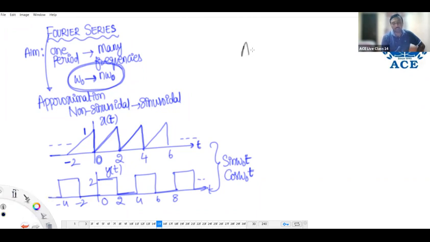What are the advantages of studying this topic? One point: we can find the spectral width, meaning up to what range of frequencies the maximum power is there.